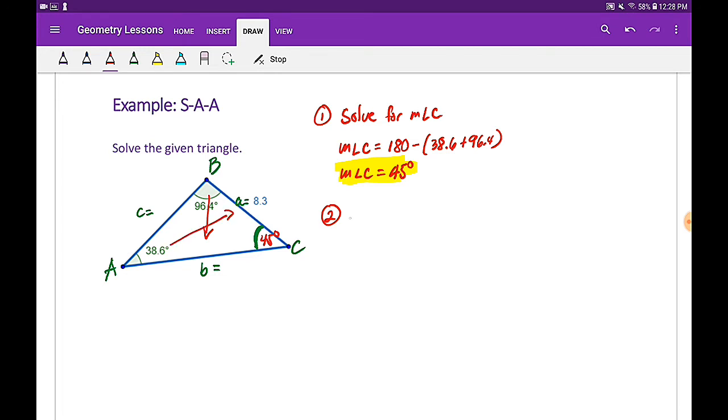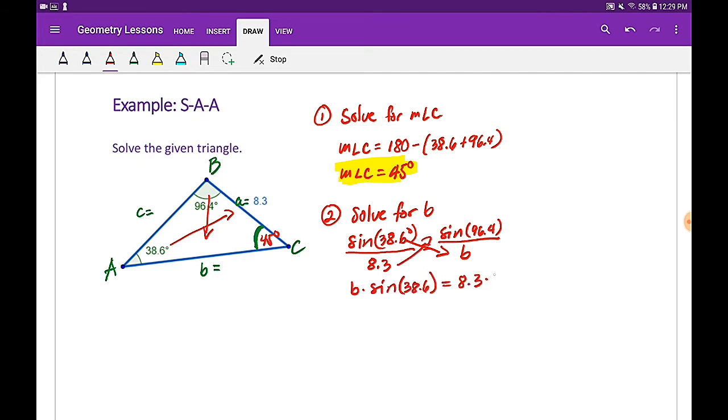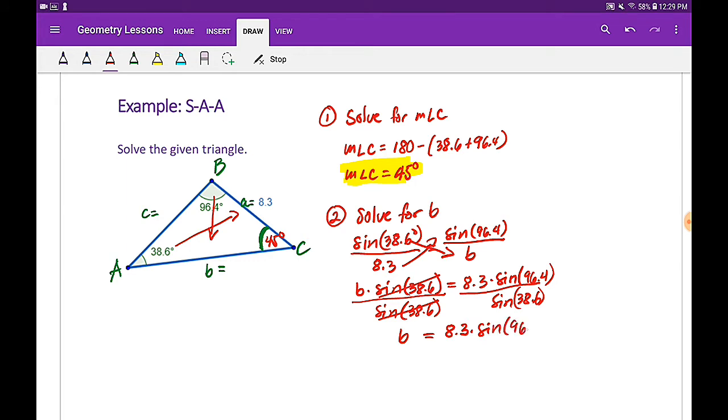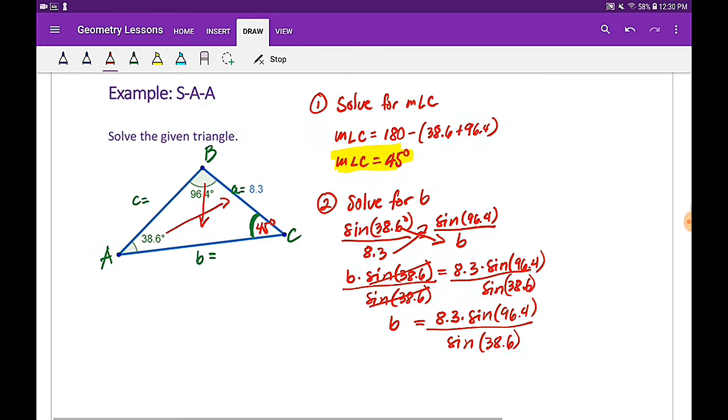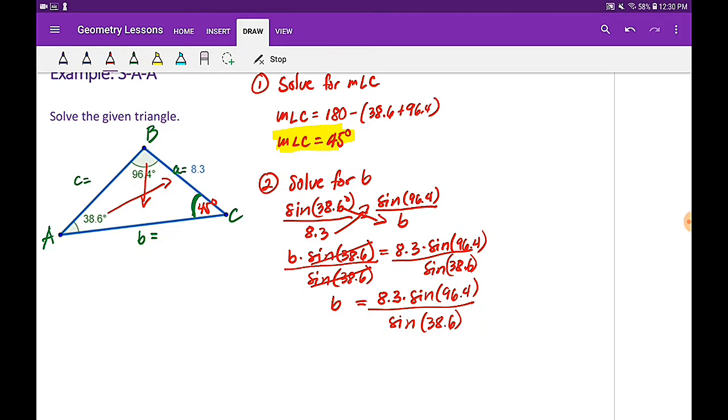So let's write our equation. What we're going to do is just cross multiply and isolate B before we put it in our calculator. So our expression for B is 8.3 times sine 96.4 degrees divided by sine 38.6 degrees.